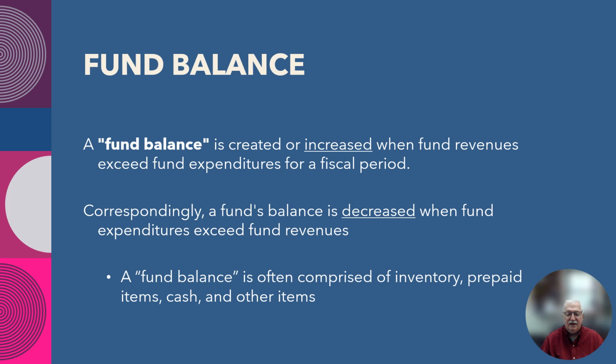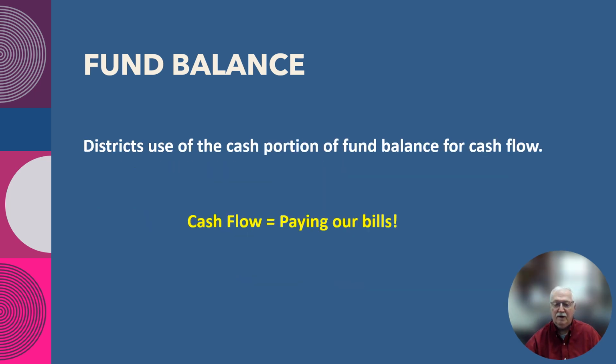Fund balance in itself as a whole is not cash. There is a portion of fund balance which is cash, and the purpose of that is for cash flow. Cash flow is used to pay our bills each month.